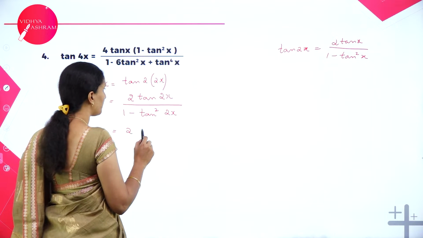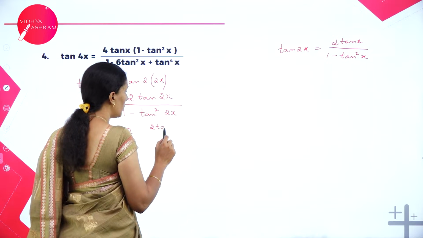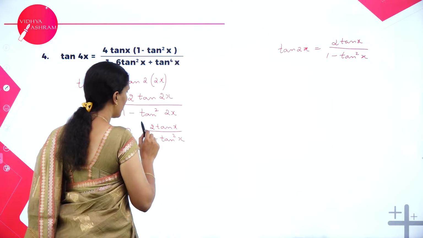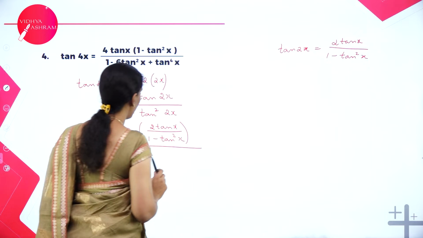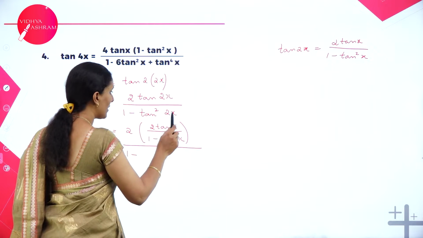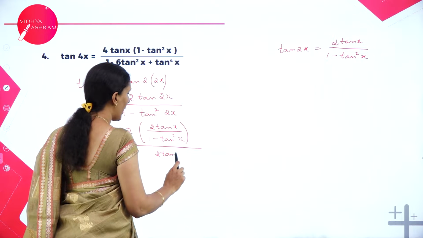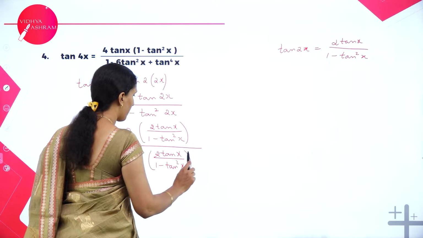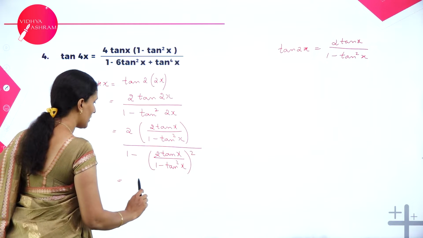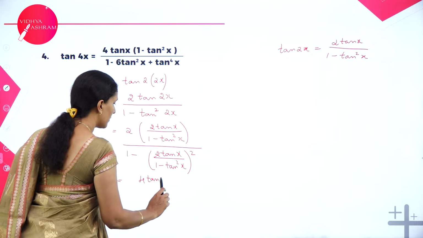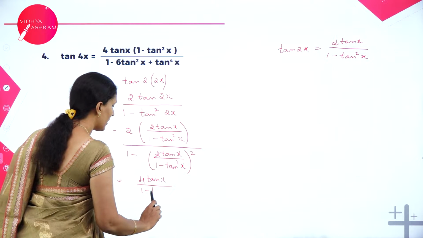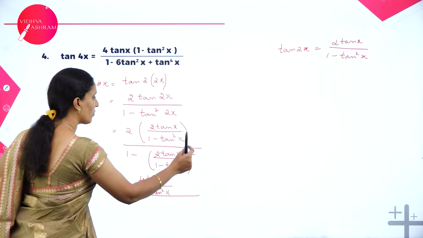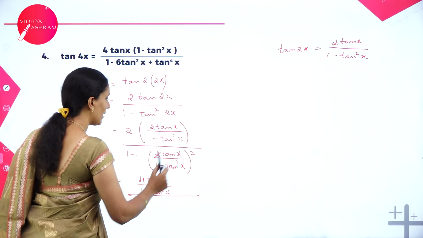So we will get 2 tan 2x as 2 tan x divided by 1 minus tan square x, whole divided by 1 minus tan square 2x, which means 2 tan x divided by 1 minus tan square x, whole square. Now here you will get this as 4 tan x divided by 1 minus tan square x, whole divided by, this is 1 minus tan square x whole square and this is 2 tan x whole square.